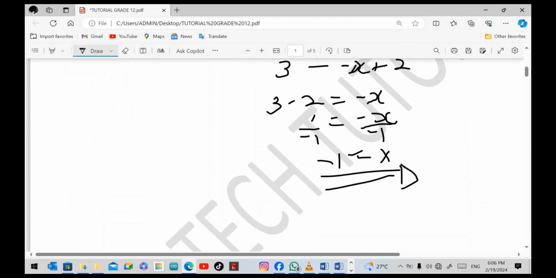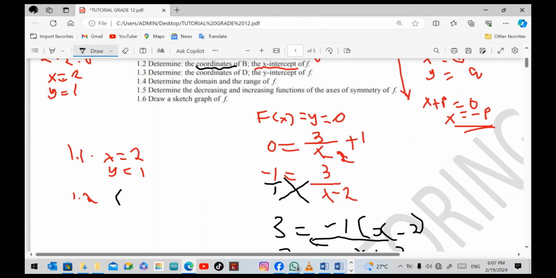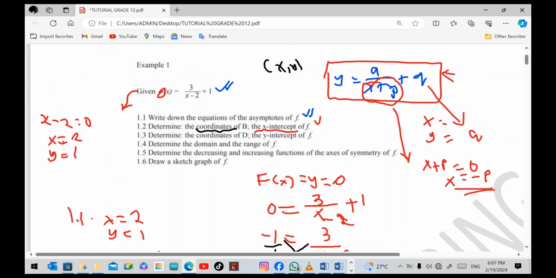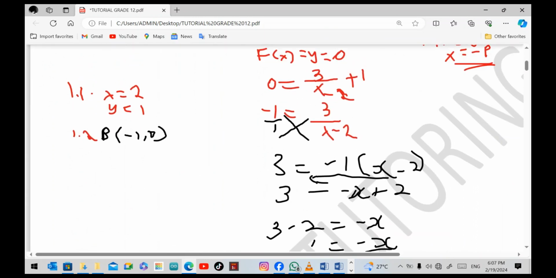So now we have to say B is negative 1, 0, right? We always have to do it like that. So here it's B, negative 1 and 0. So we have answered that question. This is how you should solve it.